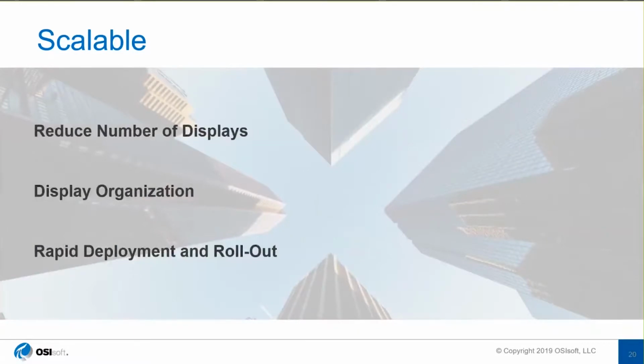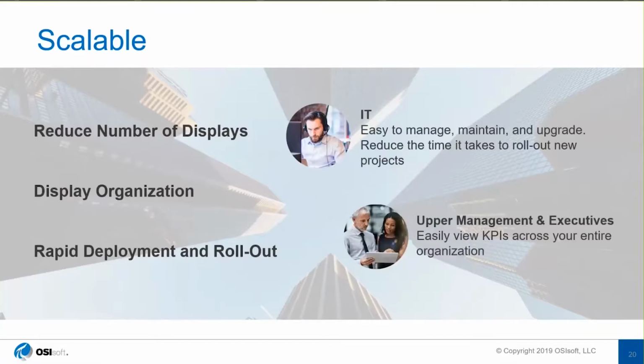PyVision is also scalable. You can reduce the number of displays by using related assets. You can easily just organize your displays and rapidly deploy and roll out new projects. This is a major benefit for IT, as it's easy for them to manage, maintain, and upgrade moving forward. Right?